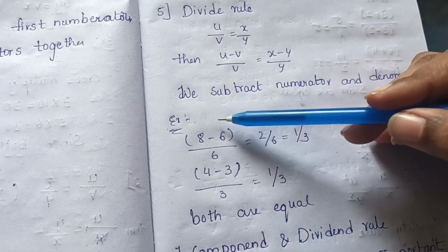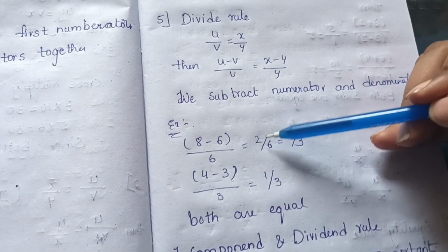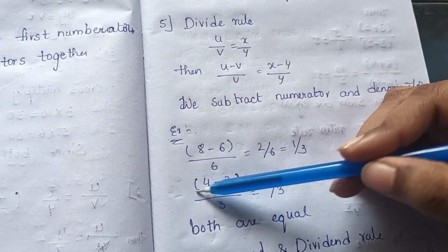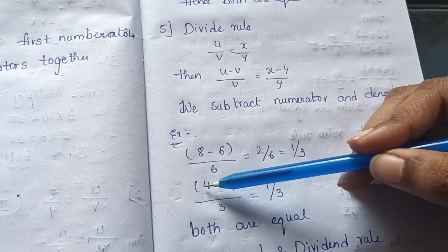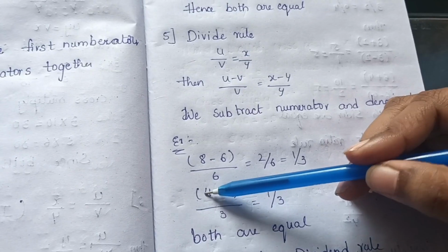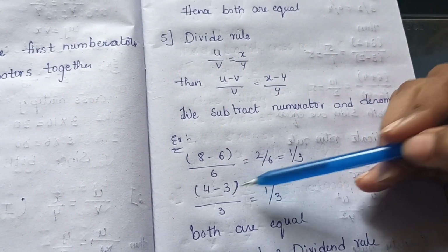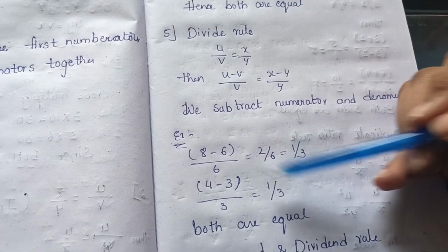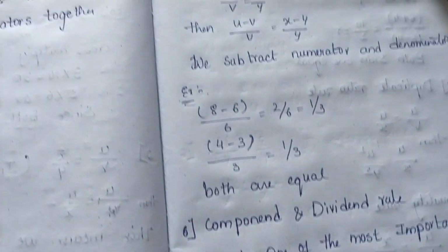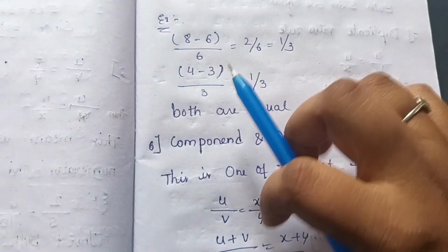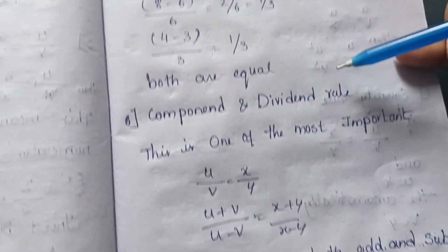Now 8 minus 6 by 6 is equal to 2 by 6, which is 1 by 3. Then 4 minus 3 by 3 is 1 by 3. Both are equal.